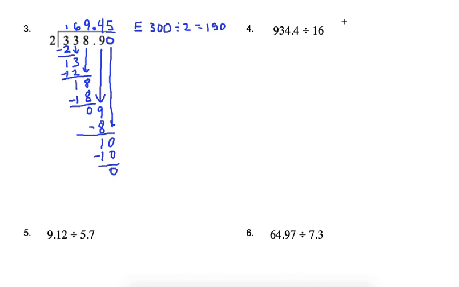Okay, so let's move on to this next one here. Let's go ahead and come up with an estimate on this one. I don't know. This one's not that easy to estimate, so let's go with something we can do easily. Let's go with maybe that's close to 900.